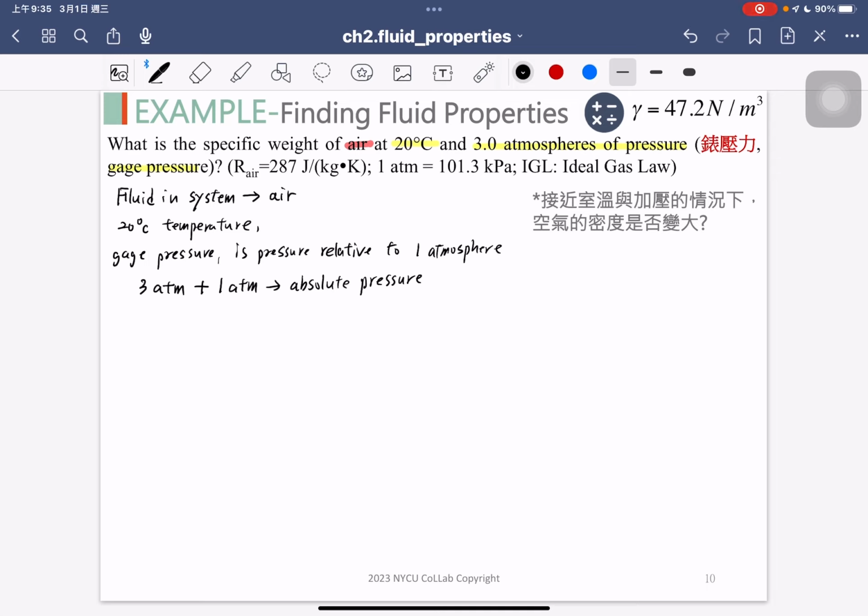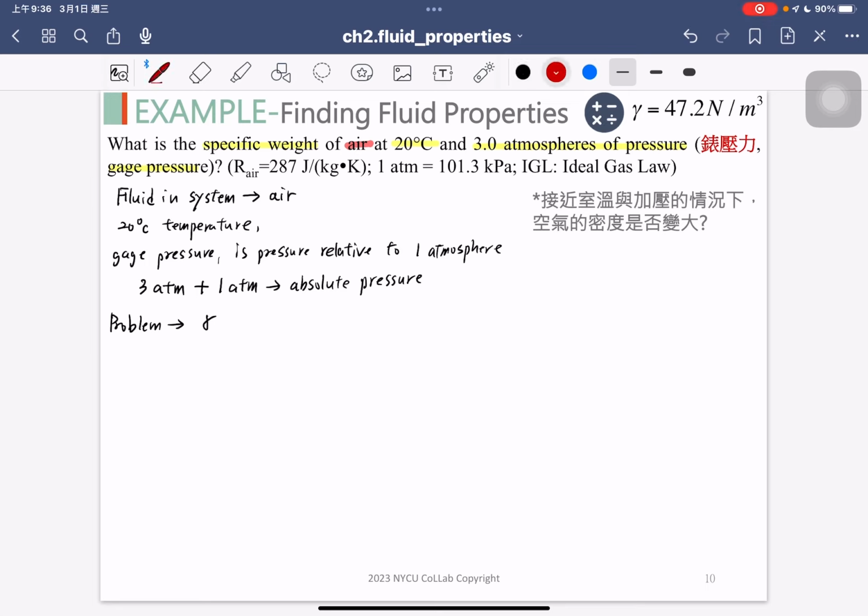Okay, so we go back to the key knowledge. The property we need to answer is the specific weight, gamma.